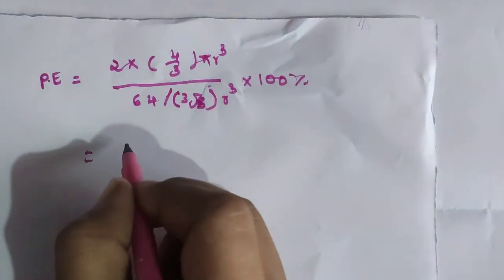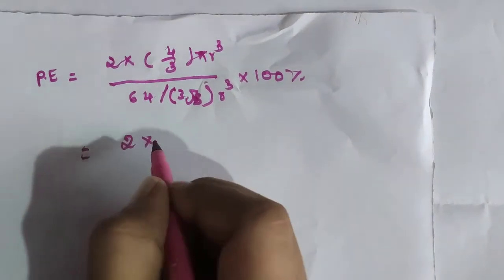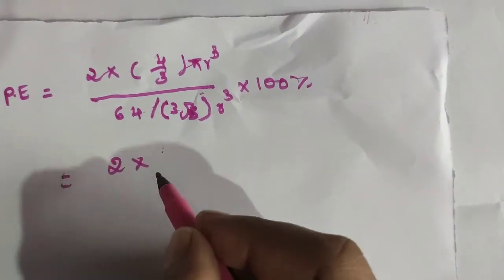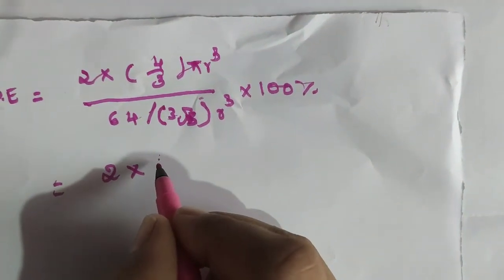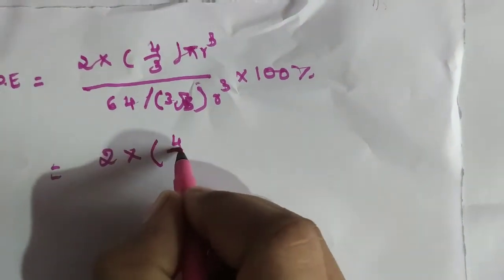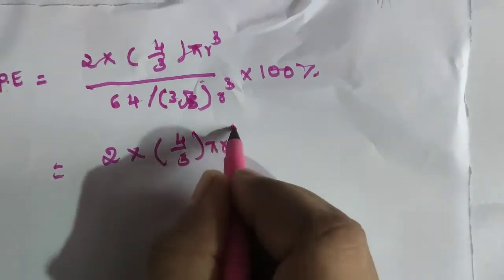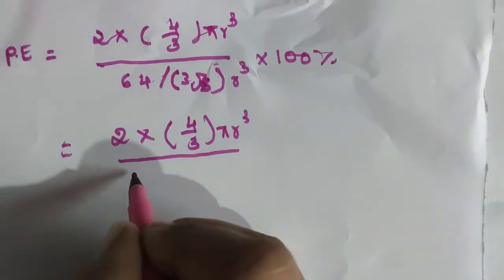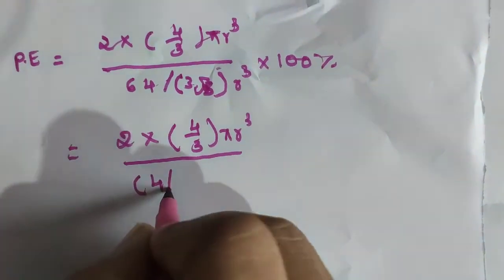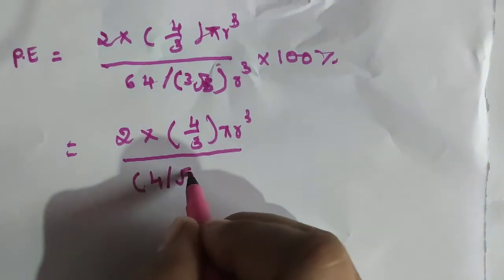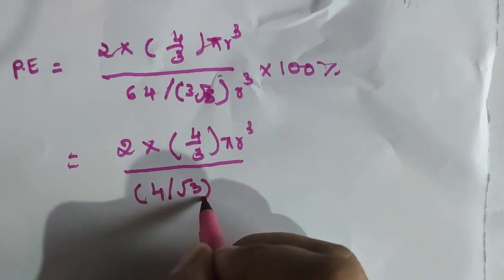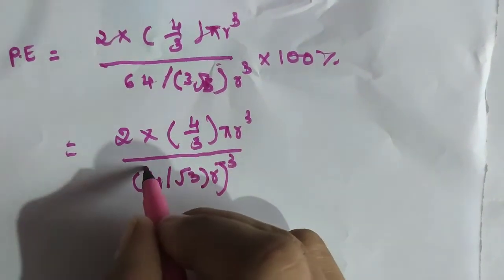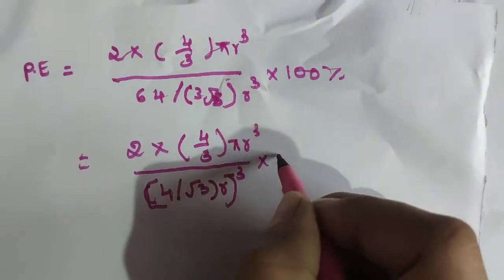Otherwise I will write here once again another simplification form, if you are not getting 64 directly: 2 into 4 by 3 pi r cube divided by 4 by root 3 whole cube, into 100%.